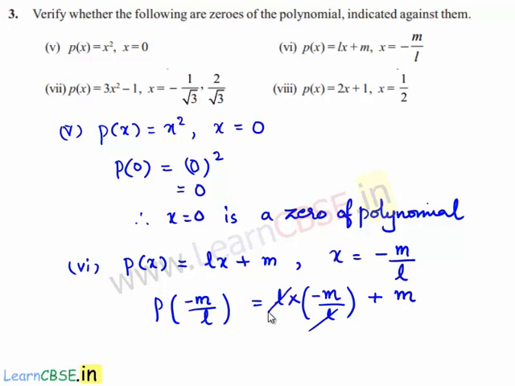L and L gets cancelled. Then this becomes minus m plus m, which is 0. That is, p of minus m by L is equal to 0. Therefore, we can say that x is equal to minus m by L is a 0 of the given polynomial.